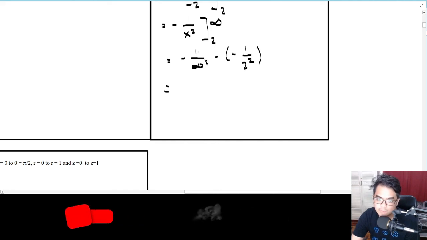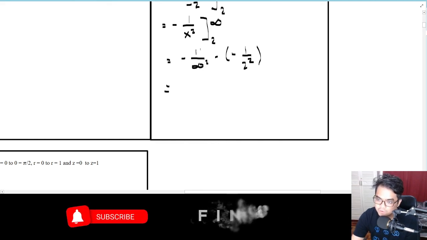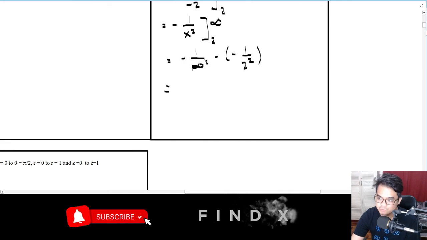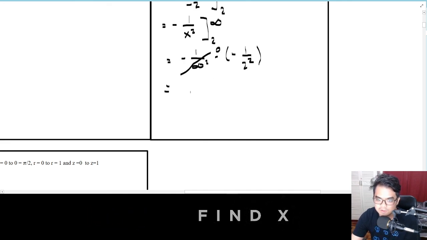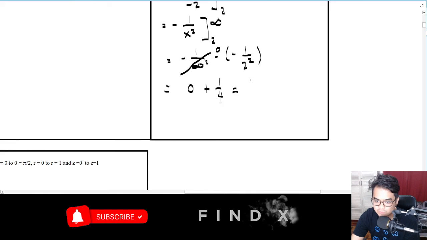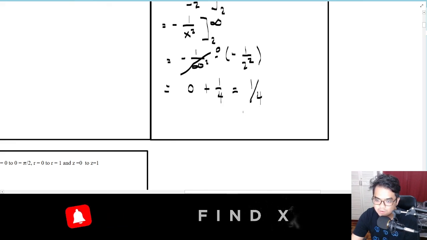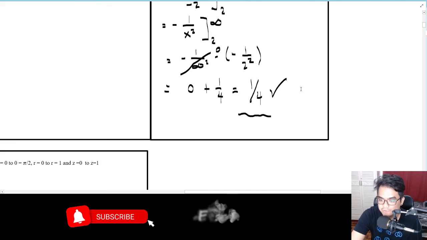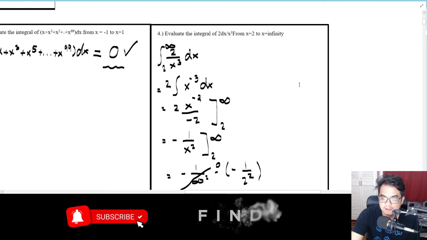As you can see, 1 over infinity, or 1 over a very large number, will just approach 0. So this part is already 0. So this is 0 minus negative 1/4, so this will become positive 1/4. Therefore the answer will just be 1/4. And there you go. Let's go to the next one.